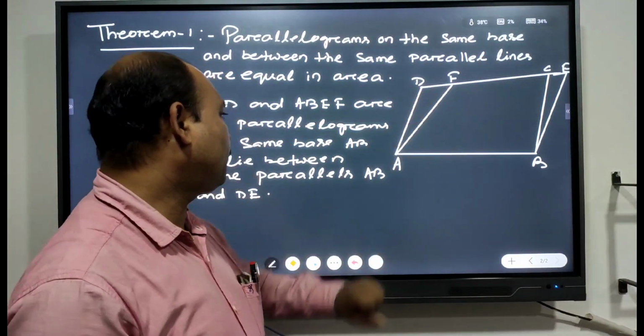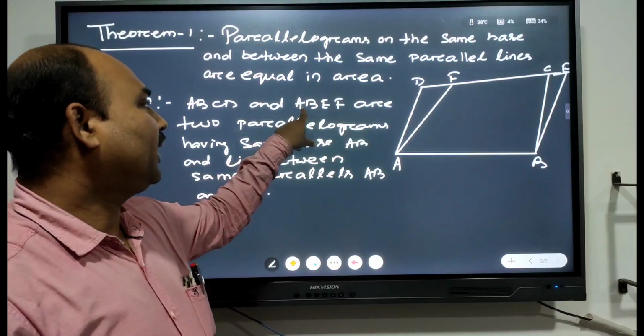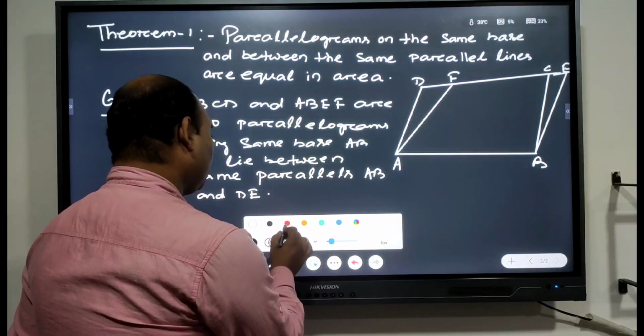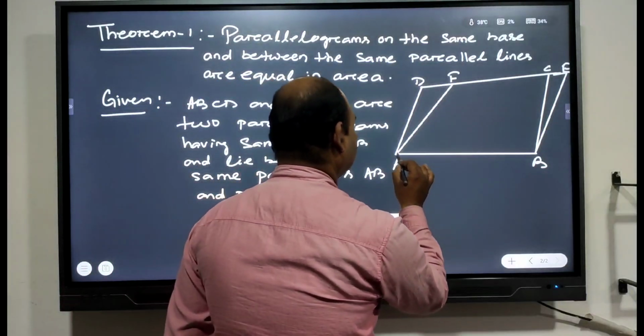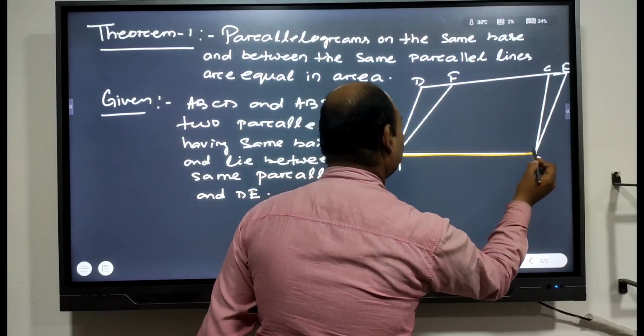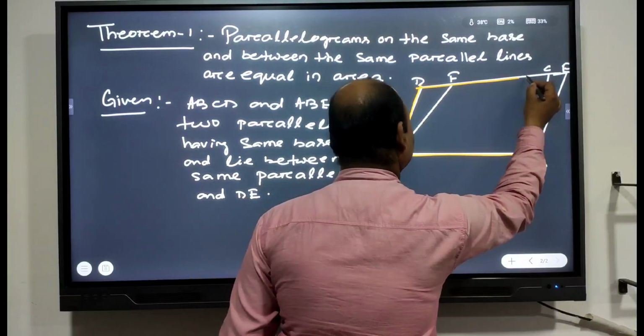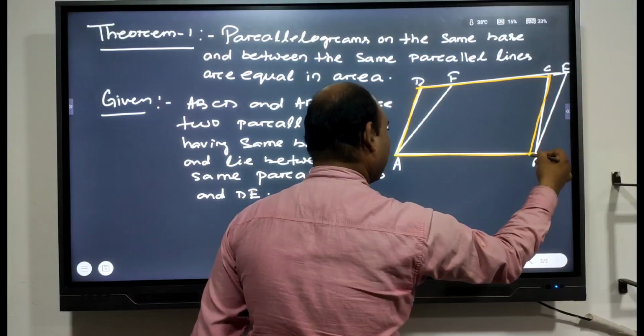So ABCD is a parallelogram and ABEF is another parallelogram. See, which parallelogram am I saying? One is your ABCD, this one. ABCD is a parallelogram.